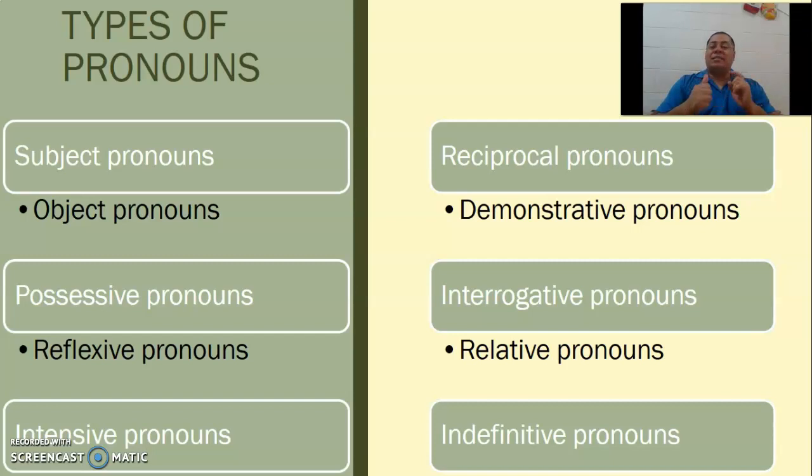We have a subject pronoun that has an equivalent object pronoun, an equivalent possessive pronoun, a reflexive pronoun, and an intensive pronoun. See? That is why they are classified together. Now, the other 5 are reciprocal pronouns, demonstrative pronouns, interrogative pronouns, relative pronouns, and indefinite pronouns.